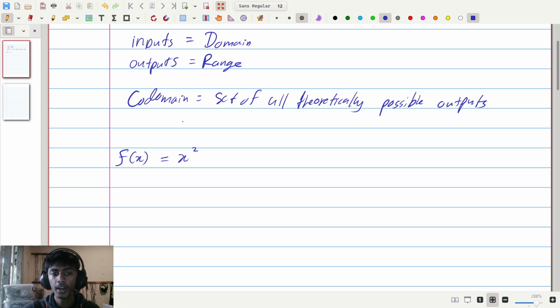For this, I'll say that x can be any element of the real numbers. So if x is any element of the real numbers, that means the real numbers are the set of possible inputs for f(x). So in this case, the domain is the real numbers, because I'm allowing any real number to be input into the function f(x).